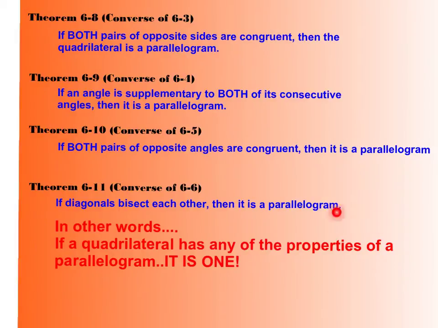In other words, if a quadrilateral has any of the properties of a parallelogram, it is one. If it has the properties, then it is a parallelogram. That's the plain and simple. But please make sure you have each of these theorems down in your notes, because we do need to know that these are properties and they will prove a quadrilateral is a parallelogram.